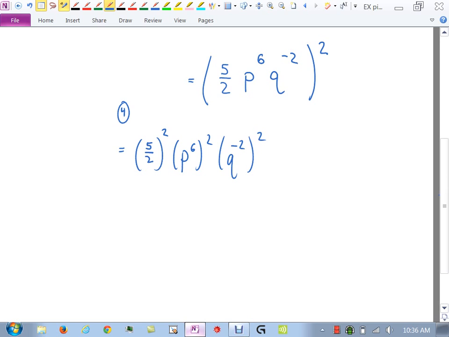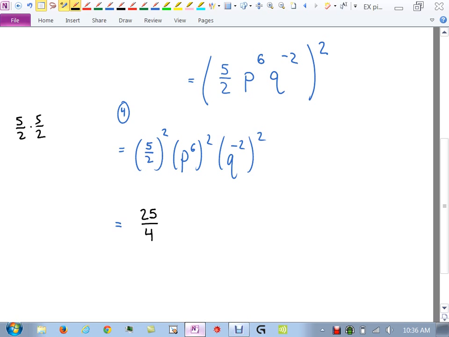What's 5 over 2 squared? Well, you don't need a calculator. What's 5 over 2 times 5 over 2? You multiply straight across. 5 times 5? 25 over 4. 25 over 4. What's p to the 6th squared? P to the 12th.